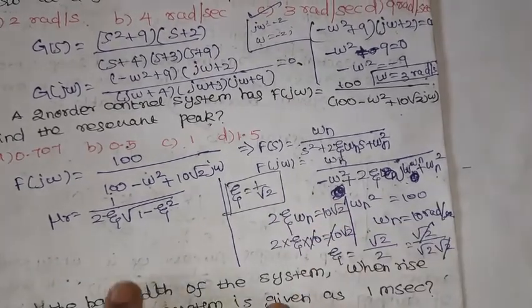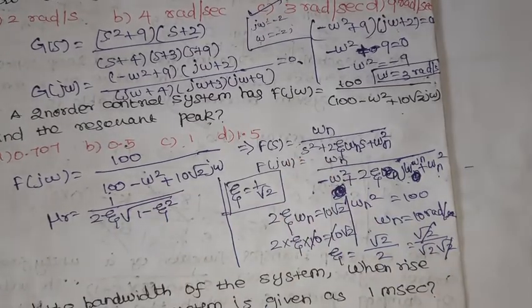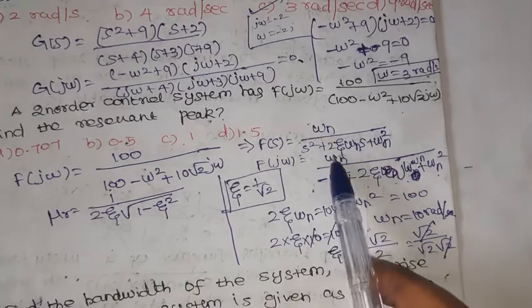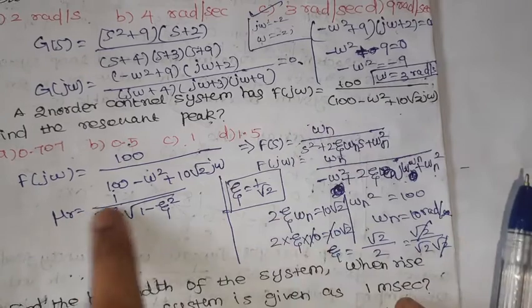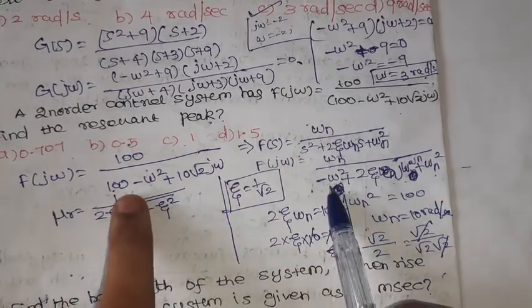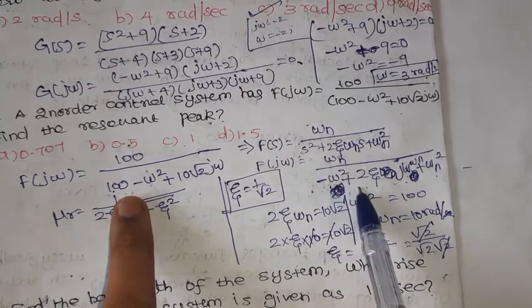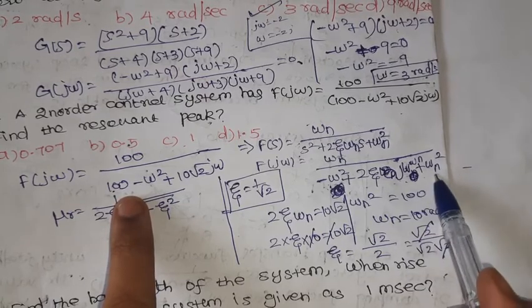Guys, can you understand how to compare with the second order transfer function, because this is the standard general transfer function. Here the transfer function is given in j omega terms. So we substitute s by j omega: minus omega square plus 2 zeta omega n into j omega plus omega n squared.